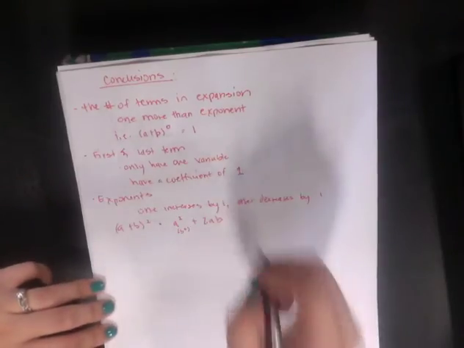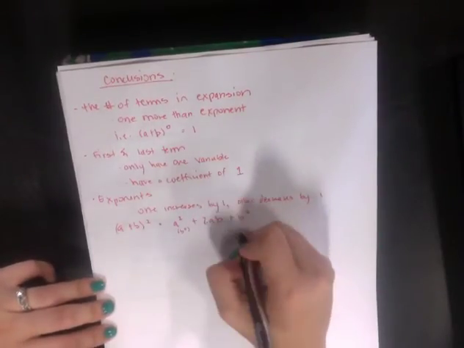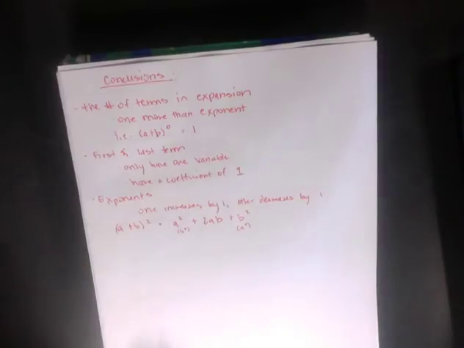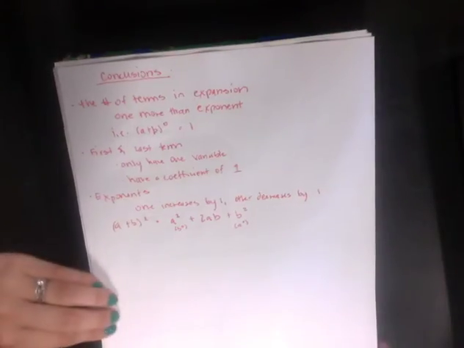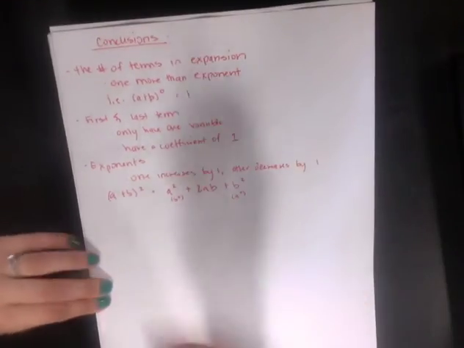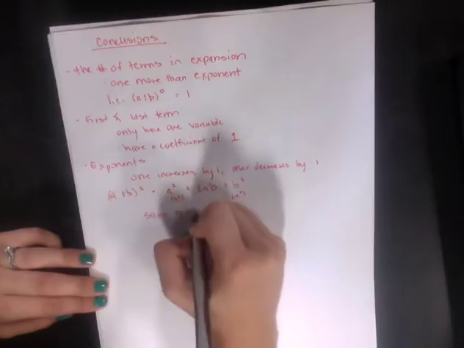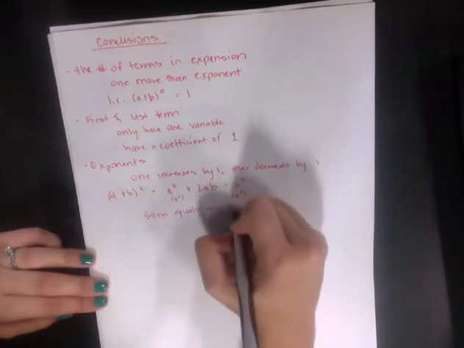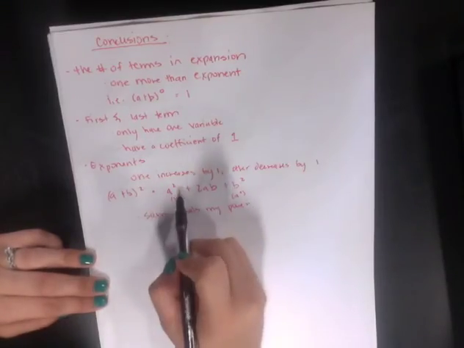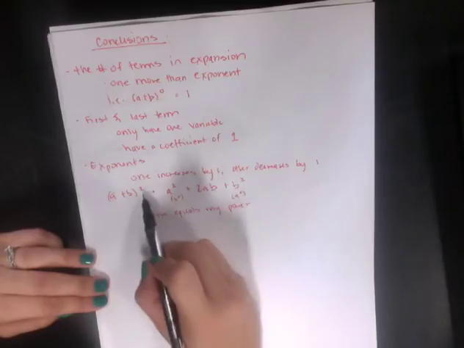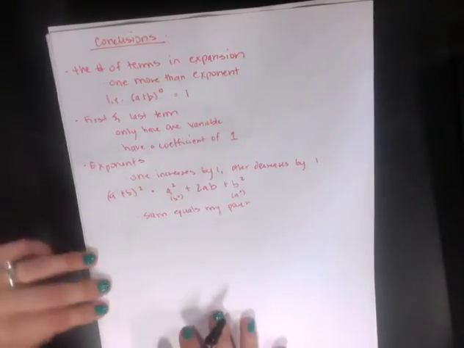It starts at 0, moves to 1, and goes to 2, where my a moves to 0. My a is going down, my b is going up. Okay? And always, with my powers, my exponents, the sum equals my power. 2 plus 0 is 2. 1 plus 1 is 2. 2 plus 0 is 2. It's always going to equal 2.